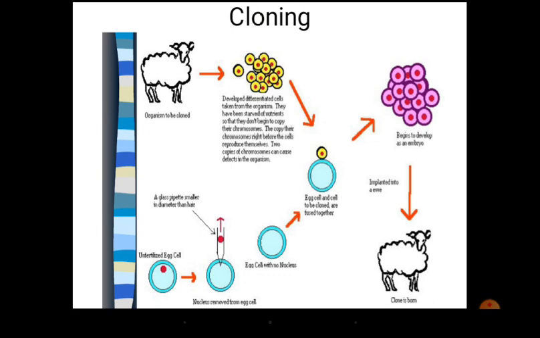So what is done in cloning is that genetic material from an adult individual, from a somatic cell, is taken out and put into an egg from which its nuclear material has been removed. It is shown in the picture here. In the top left we have a sheep, and from there genetic material is isolated.